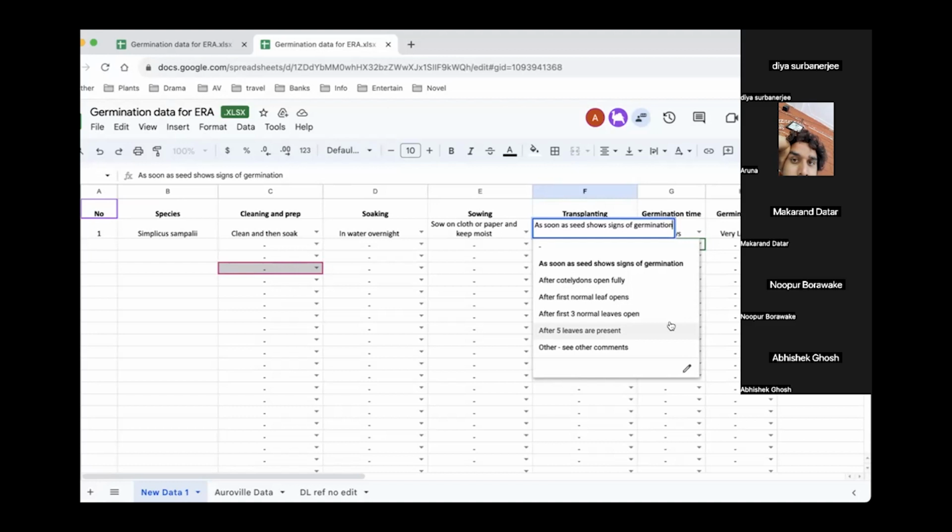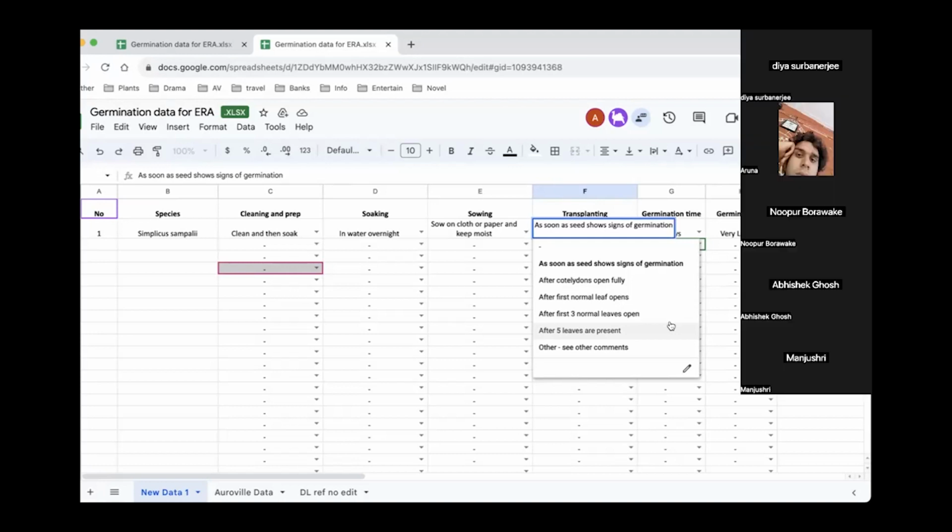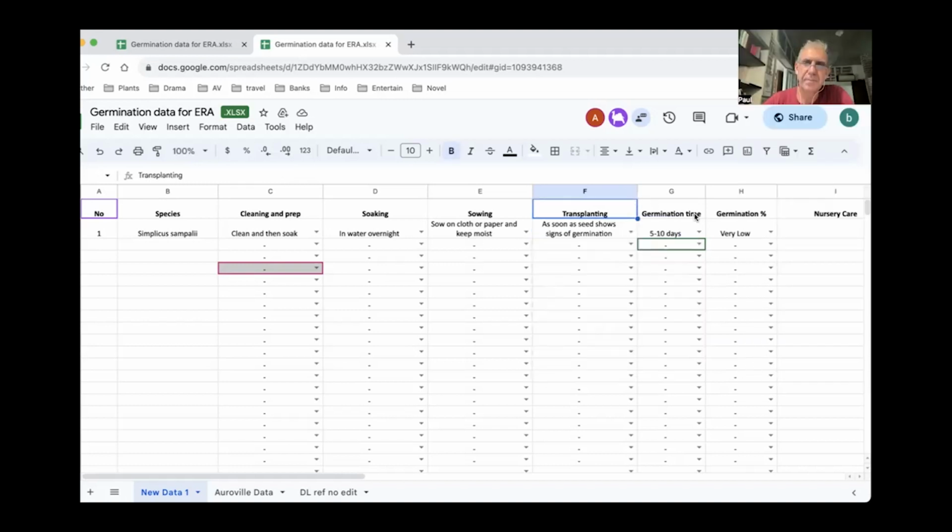Particularly things like the Diospyros family, which has a very quick tap root going down, and often a large seed. With those, we're very quick to transplant, because we know as soon as they've germinated, it's good to transplant them so we avoid root damage. But other ones with a more fibrous root system, we're happier to leave longer. So this is what we do in the transplantation.